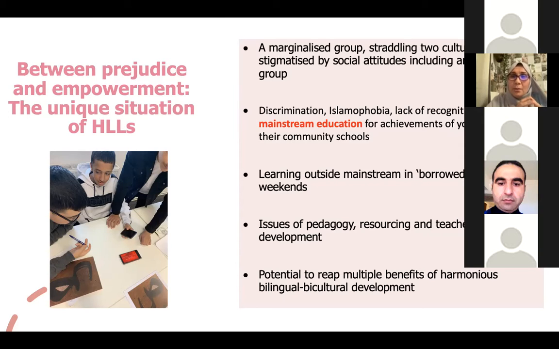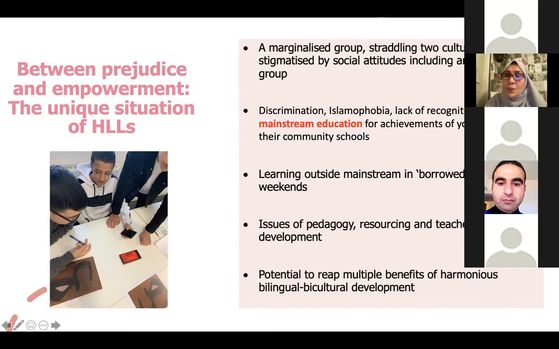There is the other thing that I want to add, that these heritage learners in their complementary schools, or we call them supplementary schools or outside schools, they have got issues of pedagogy. Their resources, as one of the colleagues mentioned, might come from Arabic countries, which they feel is not connected to their needs and to their interests.